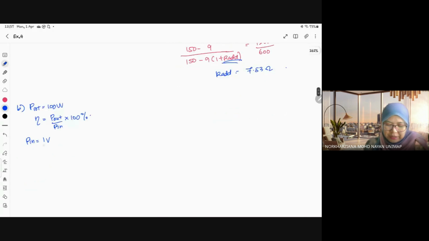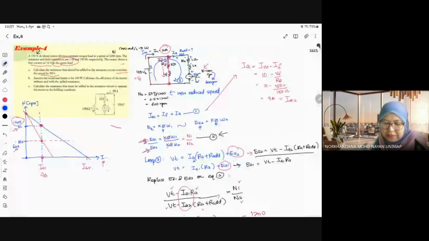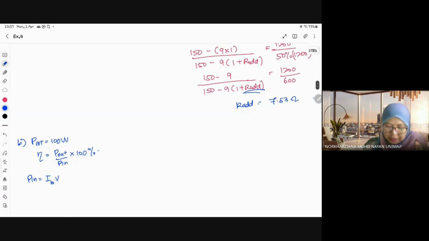I is the current from the source, which is your IM, and V is the source voltage, VT. So IM tadi 10 ampere times 150 volt. So your P in is 1500 watts.